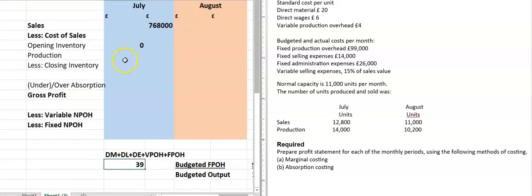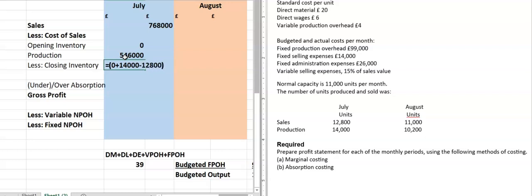So what you have to do here, you have to get the production. So during the month of July, the production was 14,000 into 39. That is the inventory valuation figure. Right? So 546 and minus, okay, then calculate the closing inventory, which will be 0 opening plus production is 14,000 minus sales is 12,800.